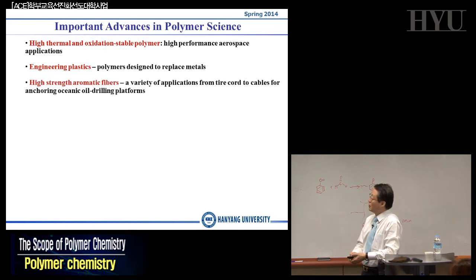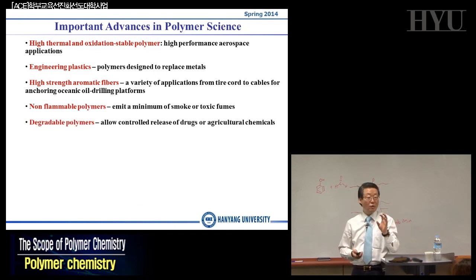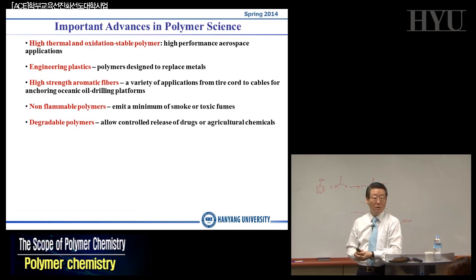You can make high strength aromatic fibers, just as we have seen here. You can make non-flammable polymers, but you can also make degradable polymers as well. Kevlar fibers are not degradable, but there are some degradable polymers.